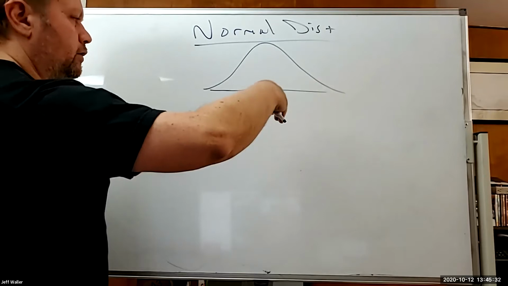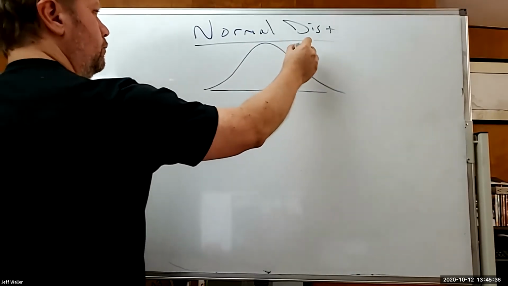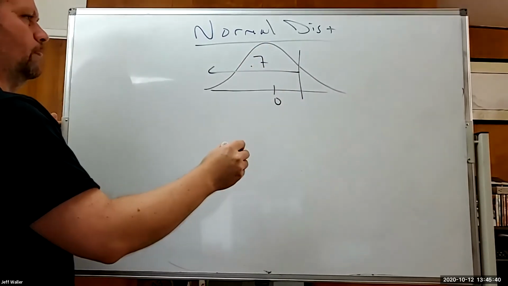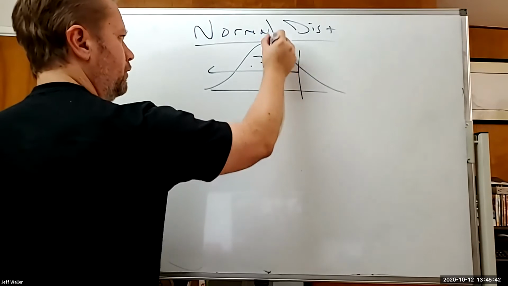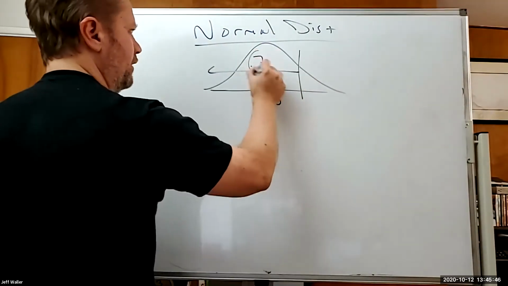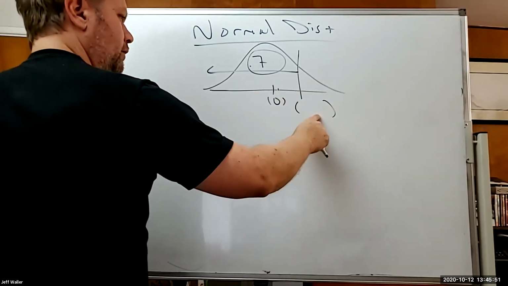I have a sheet I can look up. So if I'm curious, where's there going to be the z-score that has 0.7? Well, this has 0.5 below it. So if I just go up so many steps, I'll have 70% below it. So then I can look up that z-score.